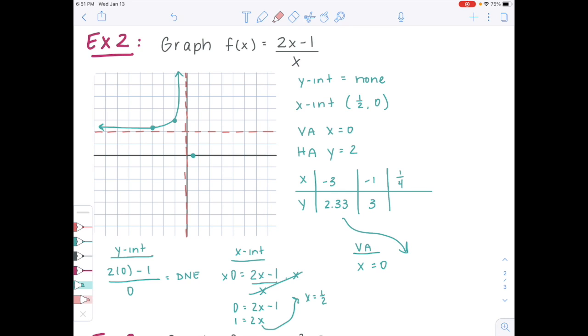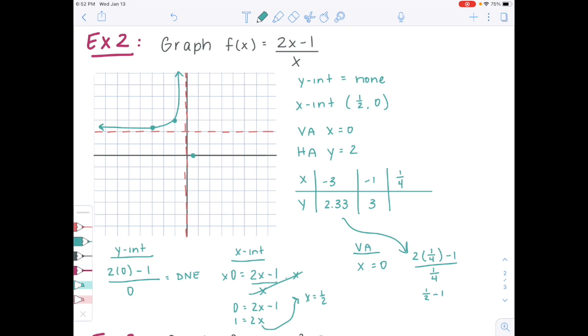So I picked 1/4, and when we do that, we're going to take 2 times 1/4 minus 1 over 1/4. 2 times 1/4 is 2/4 or 1/2.